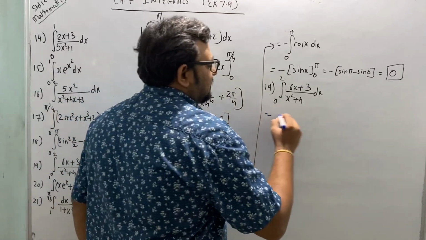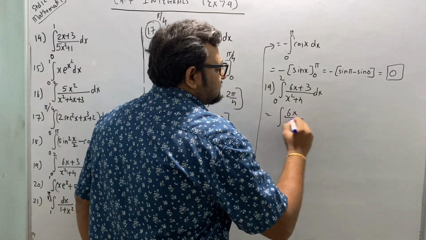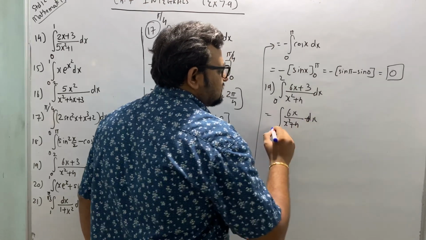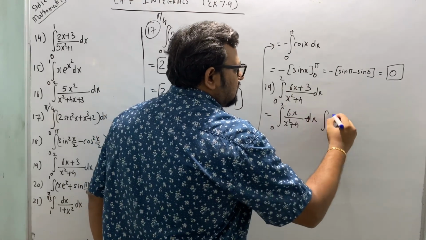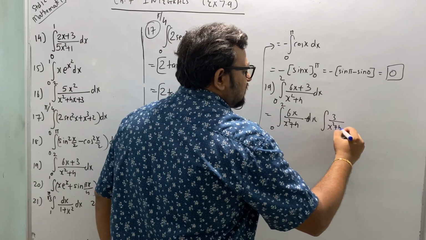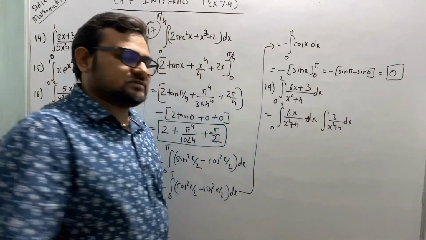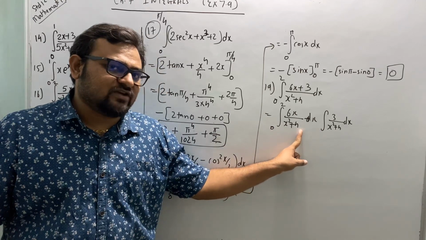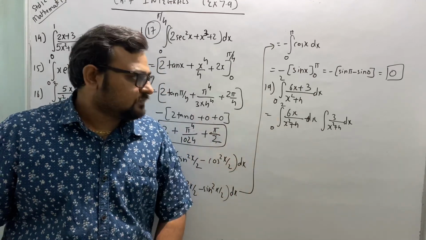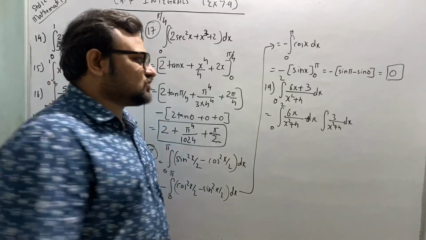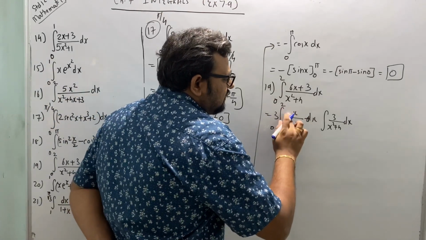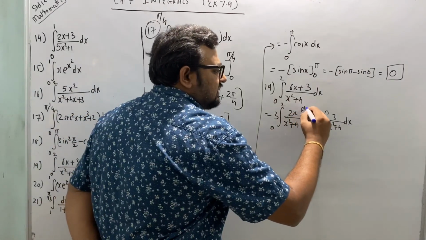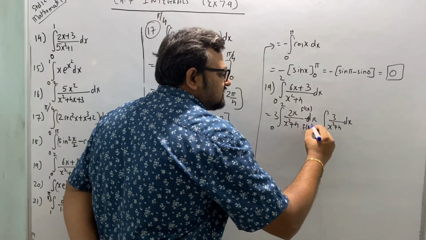So let's separate it: 6x upon x square plus 4 dx, and 3 upon x square plus 4 dx. Now you will see that x square plus 4, its derivative is 2x. In numerator I have 6x, so I can take 3 common. 3 into 2x, so it will be 6x. This is f dash x, this is fx.